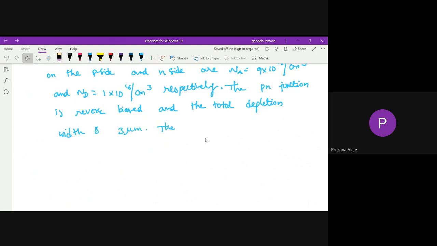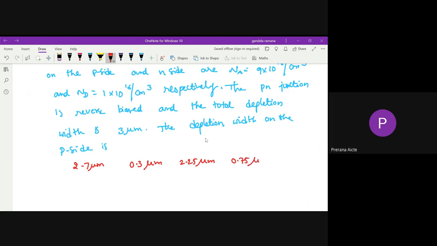The depletion width on the P side is how much? The answers are 2.7 micrometers, 0.3 micrometers, 2.25 micrometers, 0.75 micrometers. What is the answer?